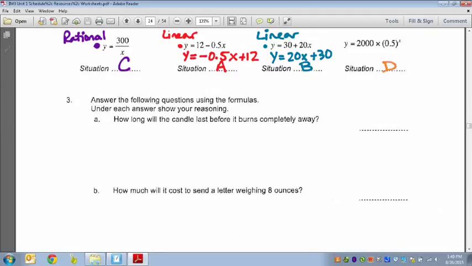But here's what I need you to notice about this. Notice how the variable x is in the exponent. It's really small in the picture, but it's an exponential variable. And notice the base here, 0.5. One thing I hope you learned about exponential functions in your previous math classes is that when the base of the exponent is between 0 and 1, that actually means it's a decay.